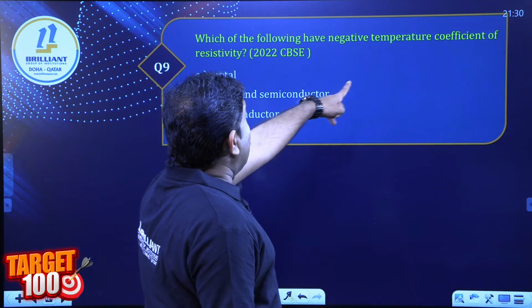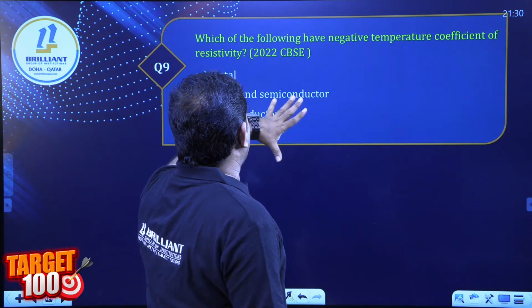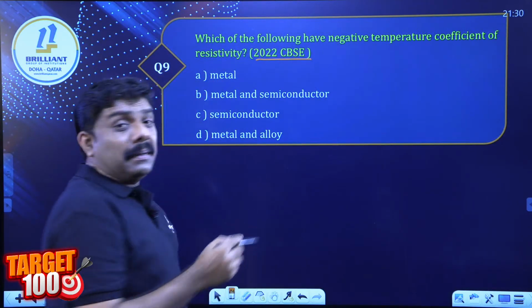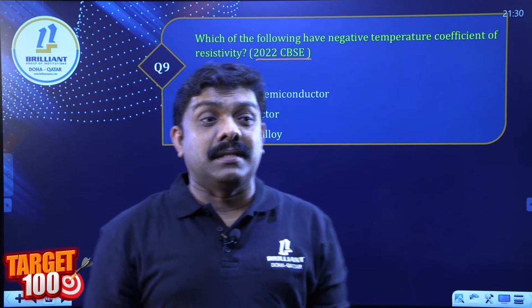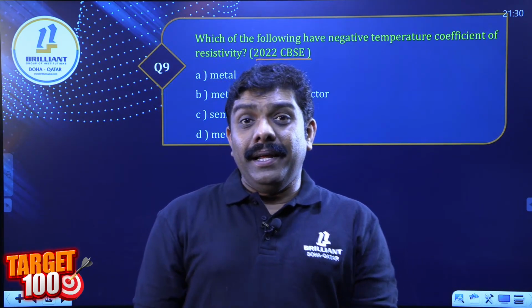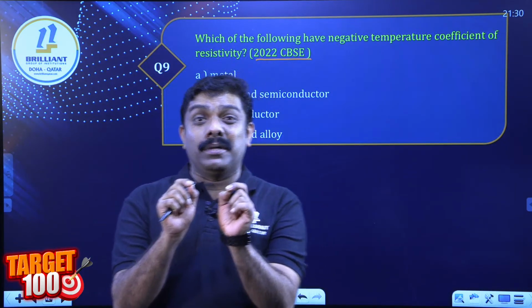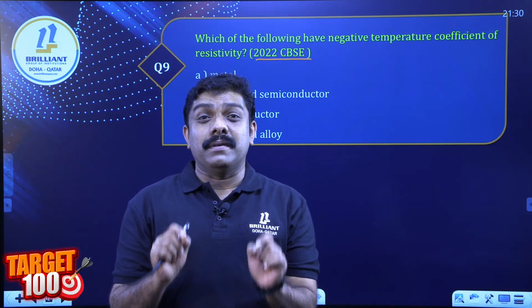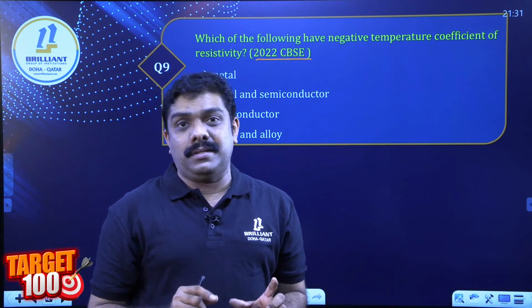Now the next question, question 9. Which of the following have a negative temperature coefficient of resistivity? Negative temperature coefficient of resistivity, which of them have? This is a very important area for MCQs: variation of resistance with temperature.